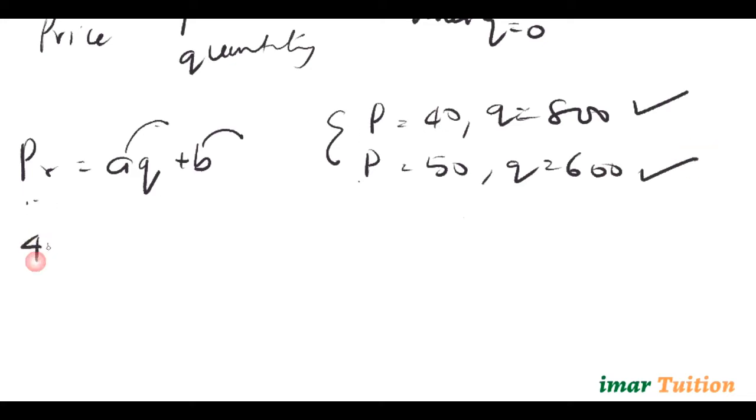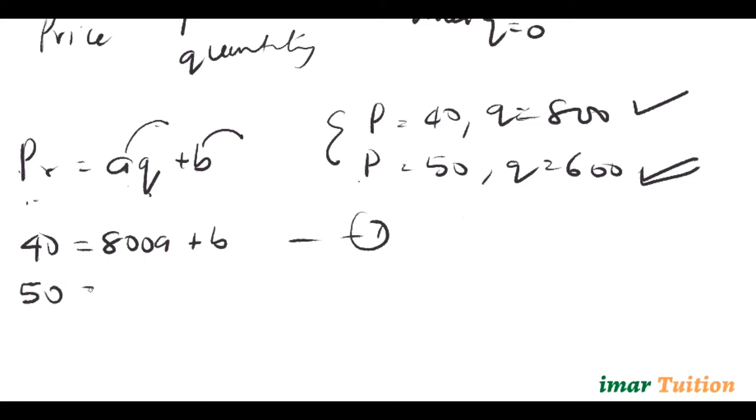When P was 40 here, Q is 800. So we'll have 800 times A will give you 800A plus B. That's our equation 1. The second illustration there, when P was 50, we had Q to be 600.